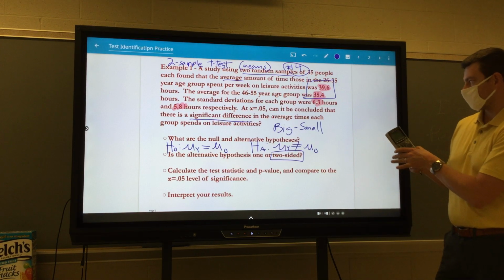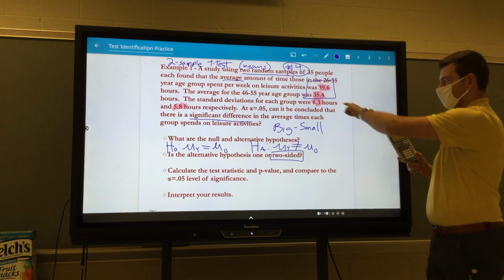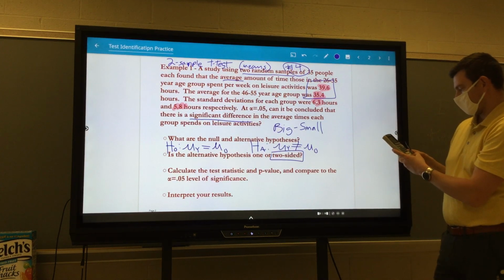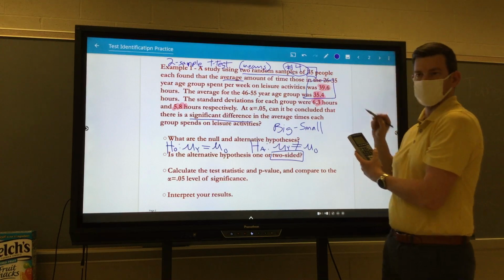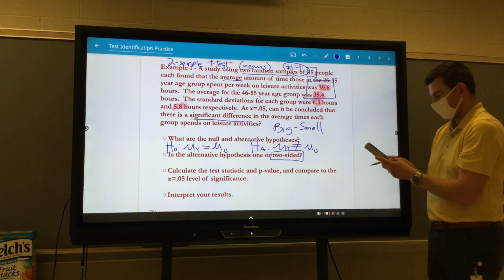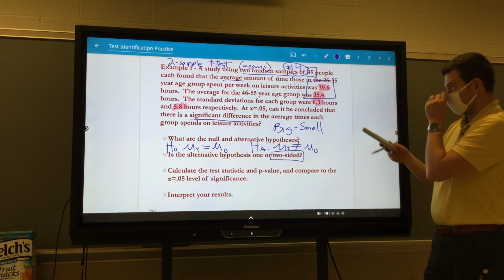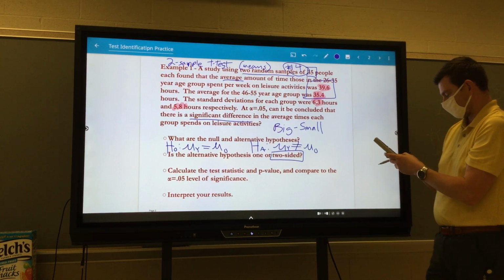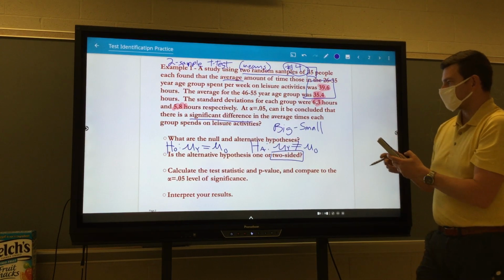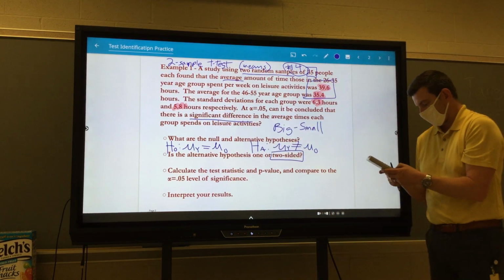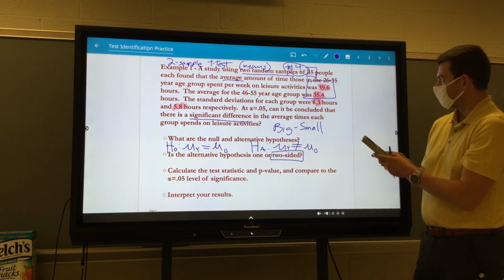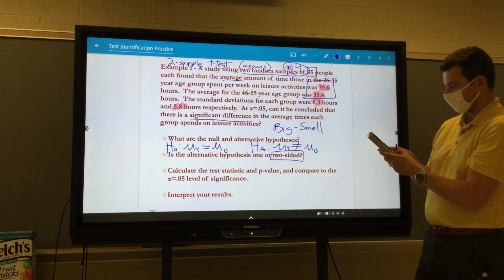Standard deviation for our younger group is 6.3. Sample size. The sample size of both groups is 35 separate people. So 35, X bar 2 was 35.4. Standard deviation for the older group is 5.8. And N2, the sample size for the older group, is also 35.